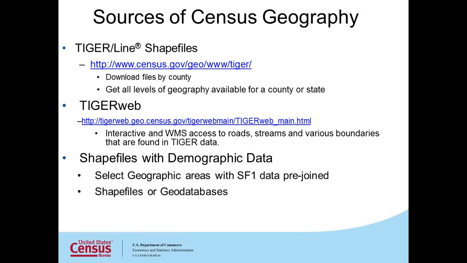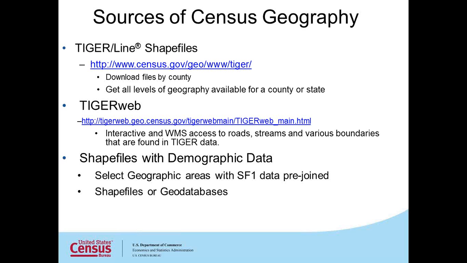I am doing a presentation tomorrow on some new developments at Census. I'm going to talk about Tiger Web a little bit more and do a demo of it, and I'm going to talk about the Census API a little bit. More along the lines of what you all talked about this morning, about doing online GIS with ArcGIS Online. That's kind of the focus there.